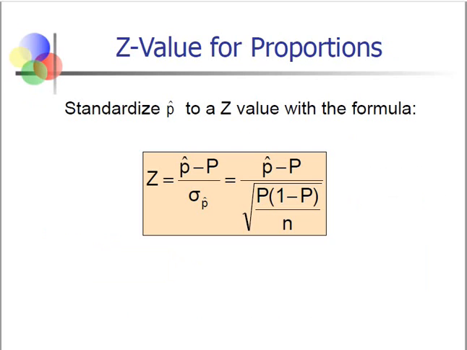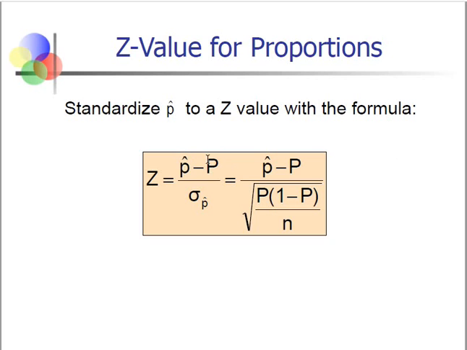Now, if N multiplied by P multiplied by 1 minus P is greater than 5, then it is normally distributed. Now, how do we find the Z value if our sample proportions are normally distributed?